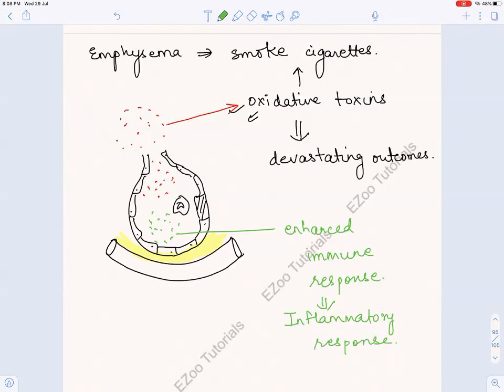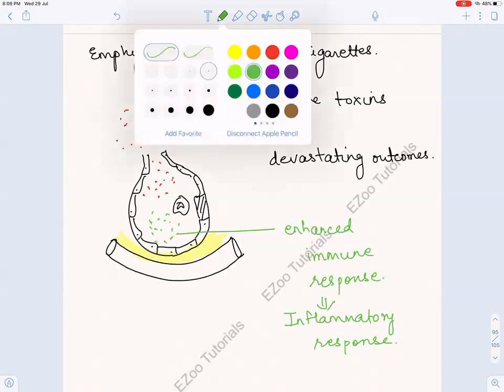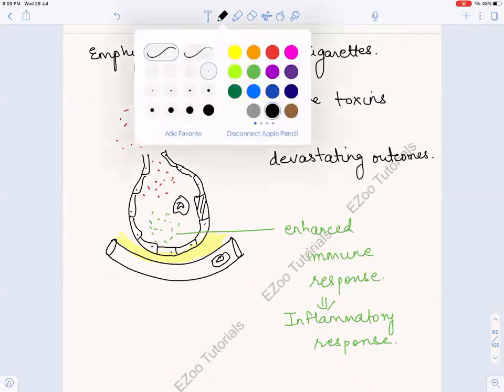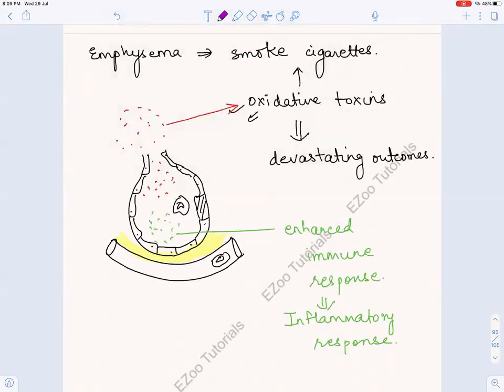Okay, so now what all is happening? There will be elastin fibers, remember, and some neutrophils will also come over here, and there are some metalloproteases also. We are not going into much detail. These are metalloproteases, and they will do the tissue damage.